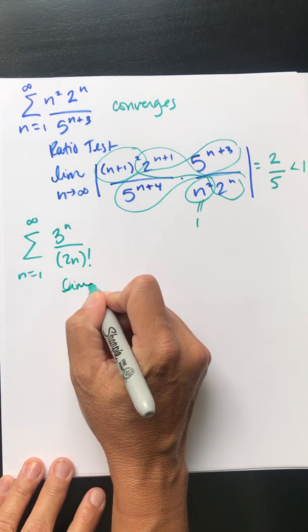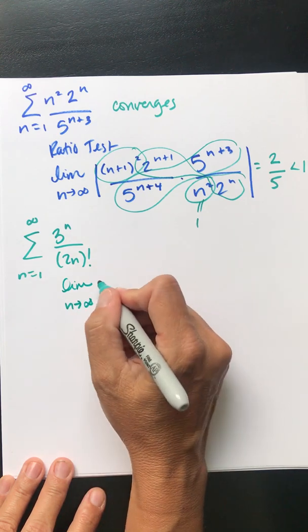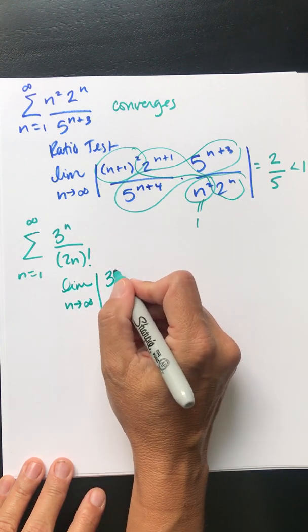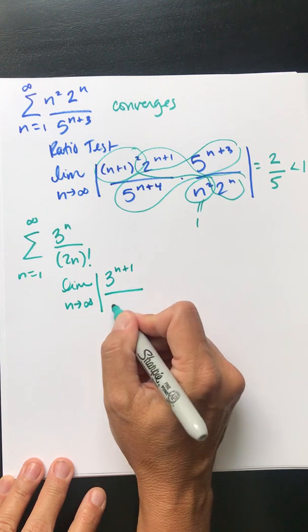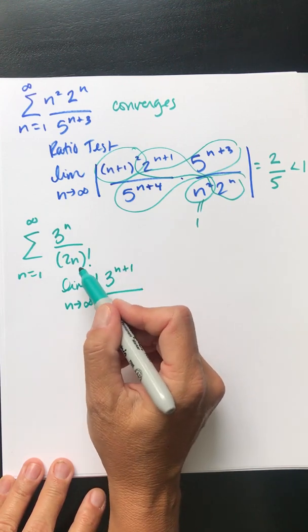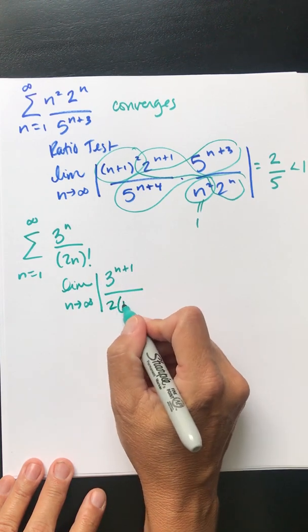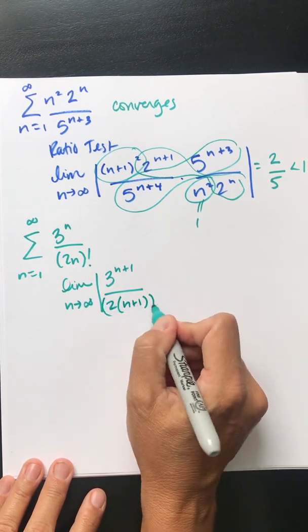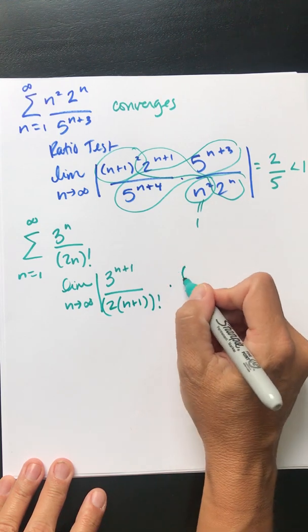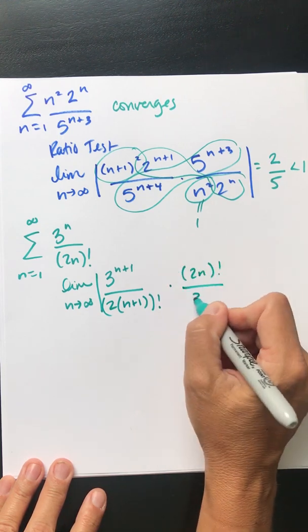So when I take the limit as n approaches infinity, I'm going to do 3 to the n plus 1 over, now when I add 1, I don't just add 1 on the n. This is 2 times n plus 1, all factorial, times 2n factorial over 3 to the n.